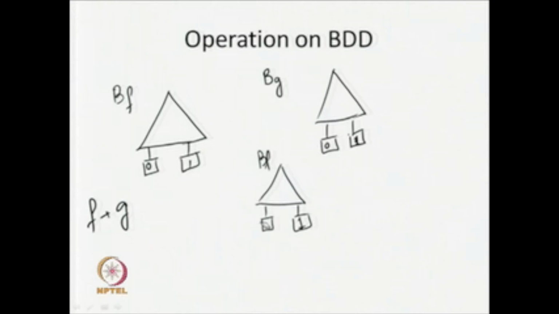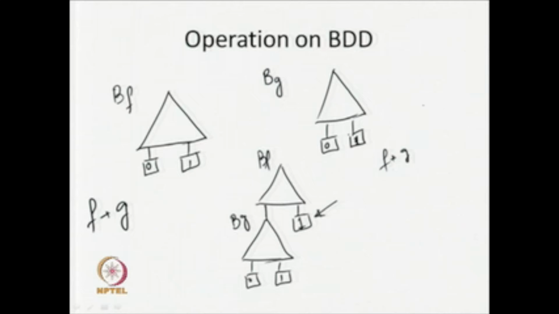So, in this particular 0 node, we are going to put this BDD bg, and 0 and 1 are the terminal nodes. So, if f is 1, then we get the functional value as 1, and if f is 0, then we look at the valuation of g. Depending on that, I get the functional value for f plus g.